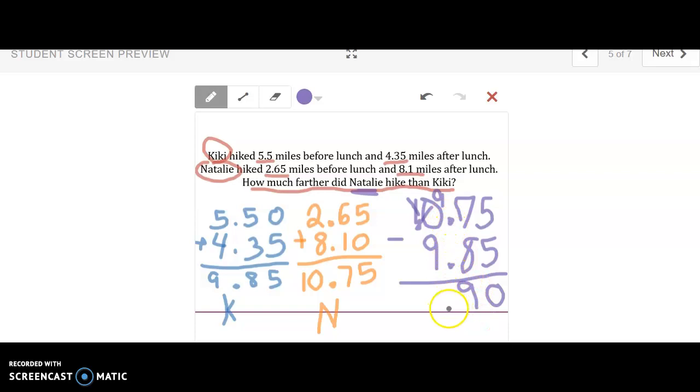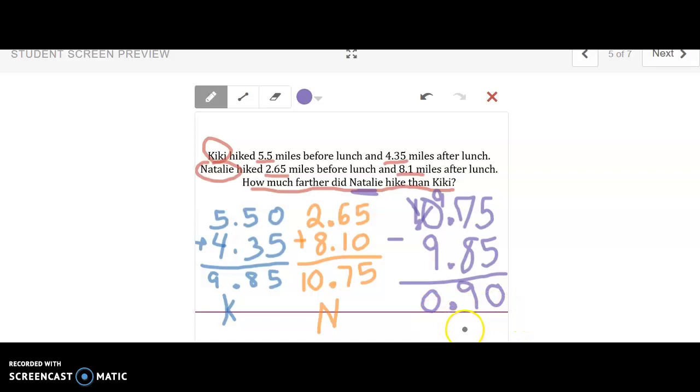Oh, bring down that very, very important decimal point. And then 9 take away 9 is 0, and I can fill that in. I don't have to, but I can. And 1, I don't have anything left over here. So I'm 0. So I know that, oh, I'm running out of space.